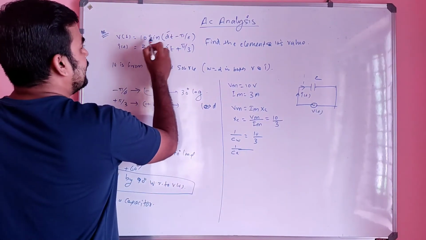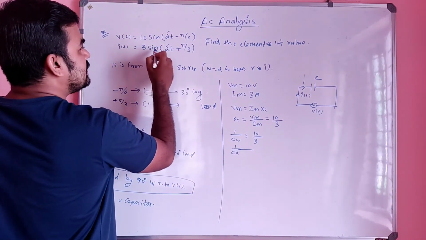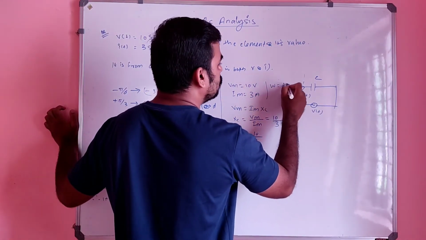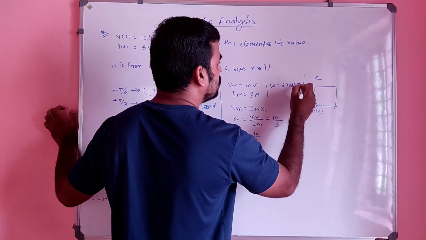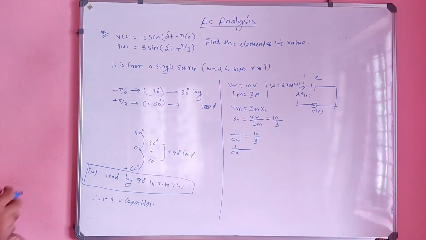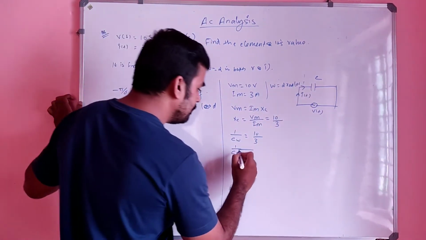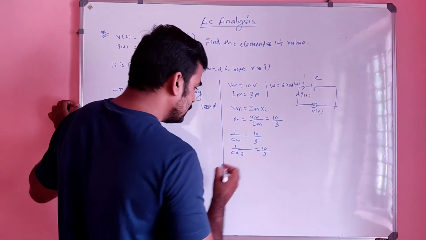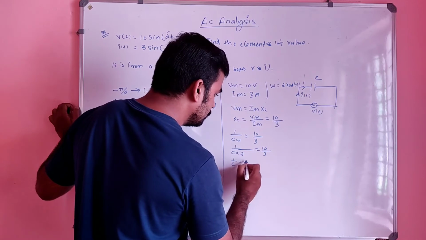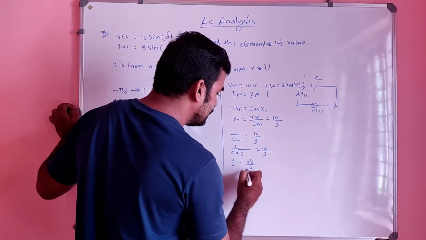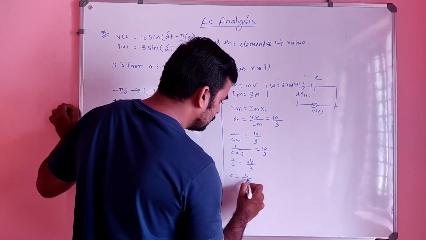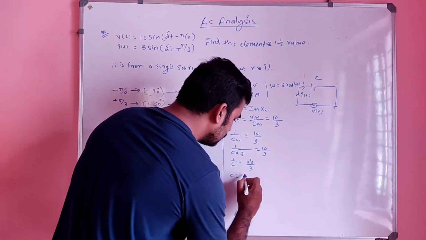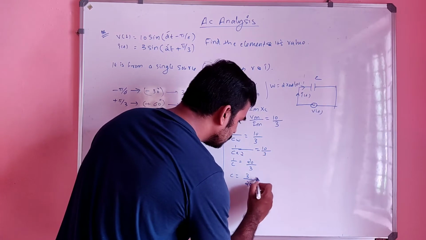See, 10 sin 2t, 3 sin 2t, so omega will be 2 radian per second. Correct. So 1 by C into 2 equals 10 by 3. It becomes 1 by C equal to 20 by 3, so C is equal to 3 by 20 farad.